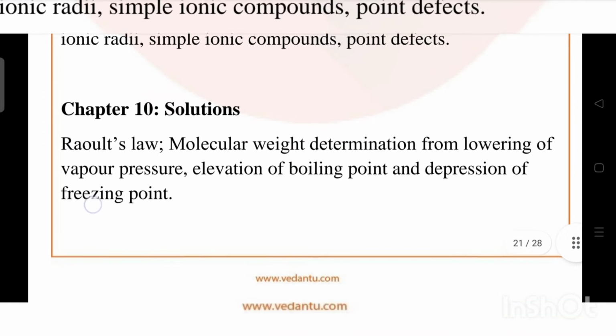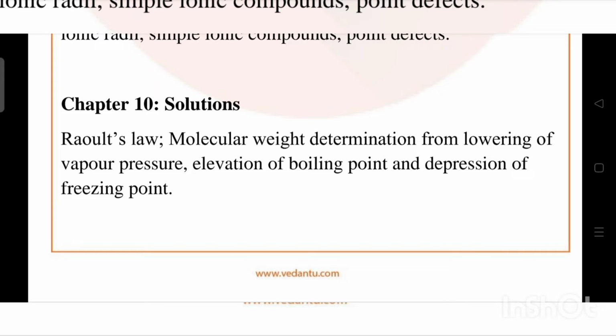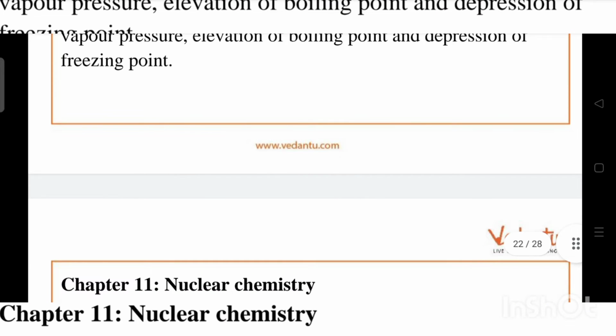In chapter number 10, solution: Raoult's law, molecular weight determination from lowering of vapor pressure, elevation of boiling point and depression of freezing point.